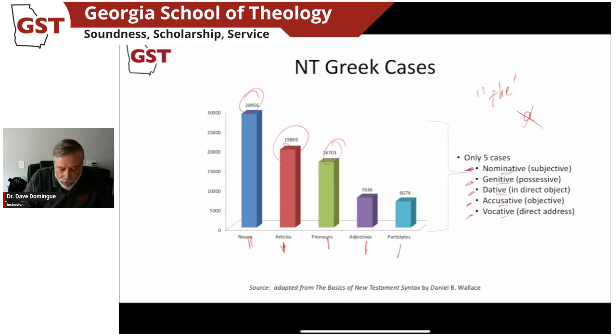But there are 5 cases, and the 4 dominant ones that we're going to focus on are the subjective one, which was referred to as the nominative, the possessive one, which is referred to as the genitive, the dative one, which functions as the indirect object, and the accusative, which is the objective case.